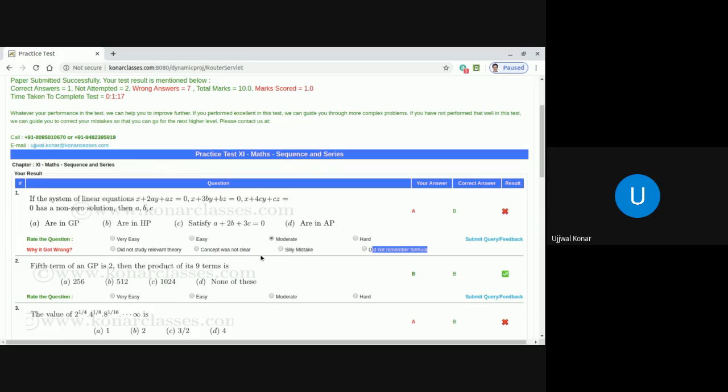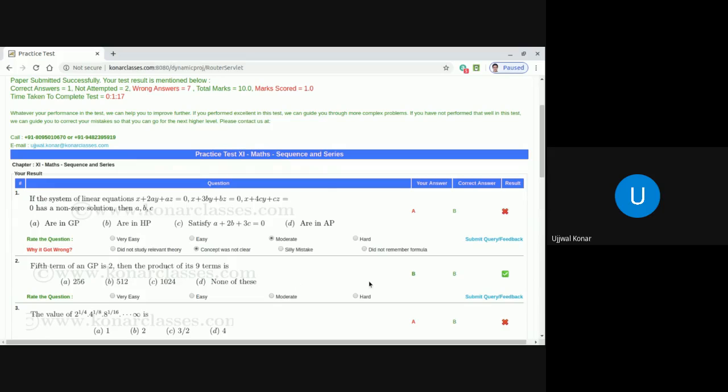So then suppose you say, okay, concept was not clear. Then the computer system remembers that for this kind of question, we know what basic requirement is needed to solve this particular question. So we remember, and it is on a login to login basis. When one student logs in and gives this feedback, the computer system remembers it for his or her login.